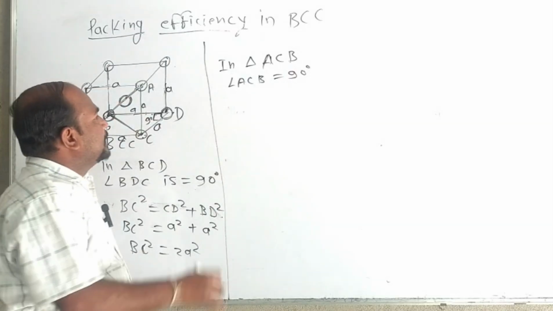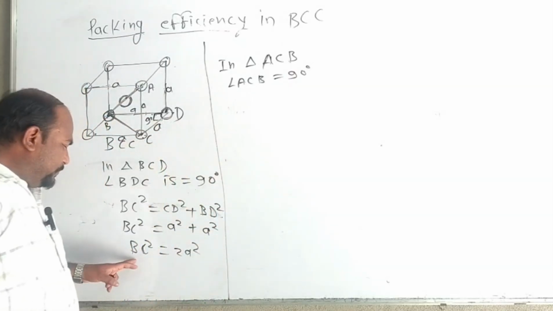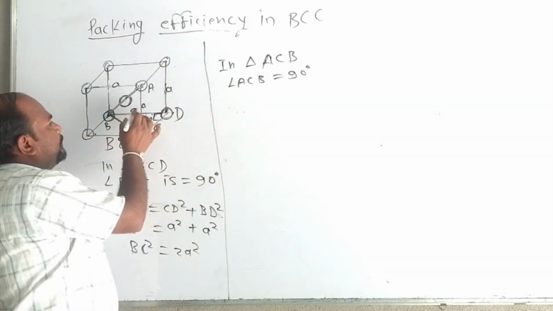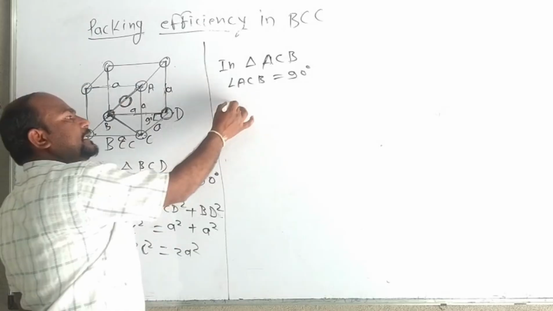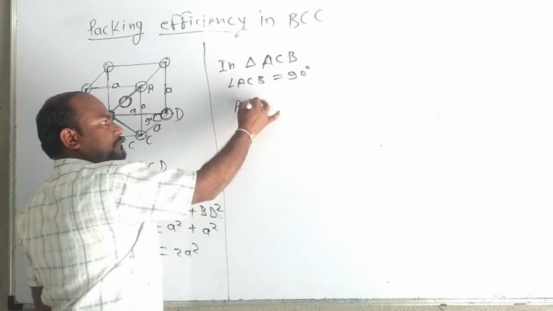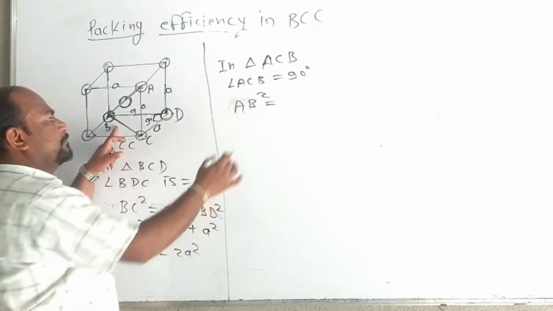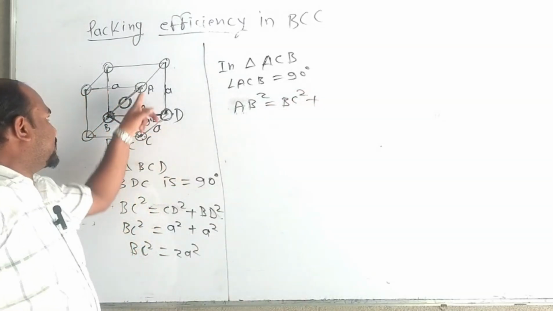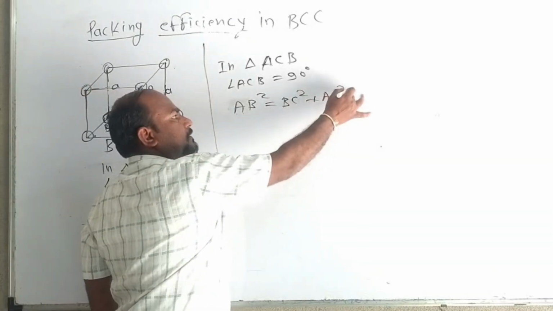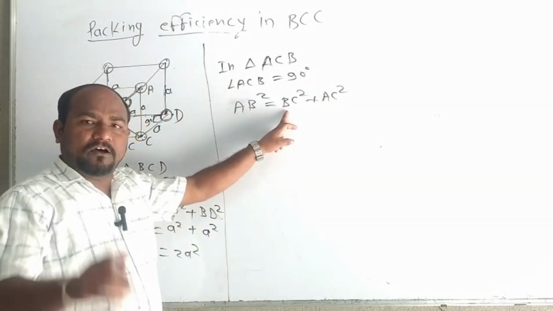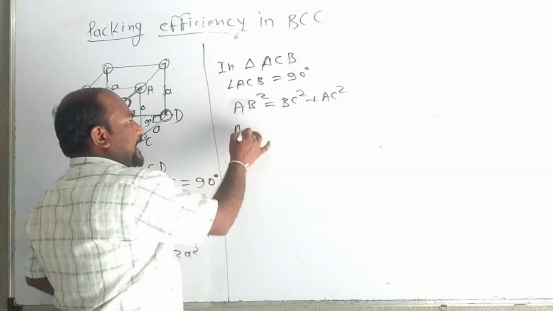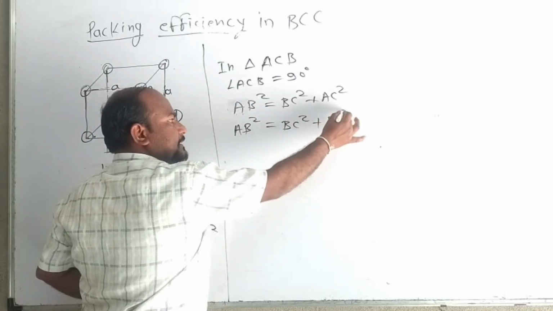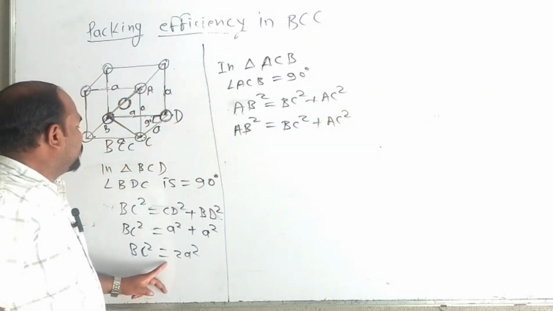Okay. Now in this triangle, again use Pythagoras theorem. This is the hypotenuse. Okay. So AB square is equal to BC square plus AC square. We know that this BC we have already found here. So AB square is equal to BC square plus AC square. Isn't it? Got it? Okay.